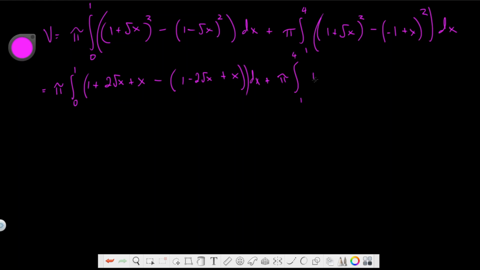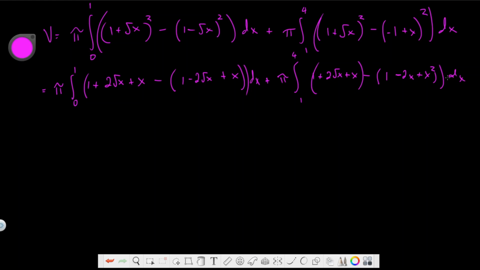We're going to have 1 plus 2 root x plus x minus, what do we got? We got 1 minus 2x plus x squared. Yep, that should be correct.